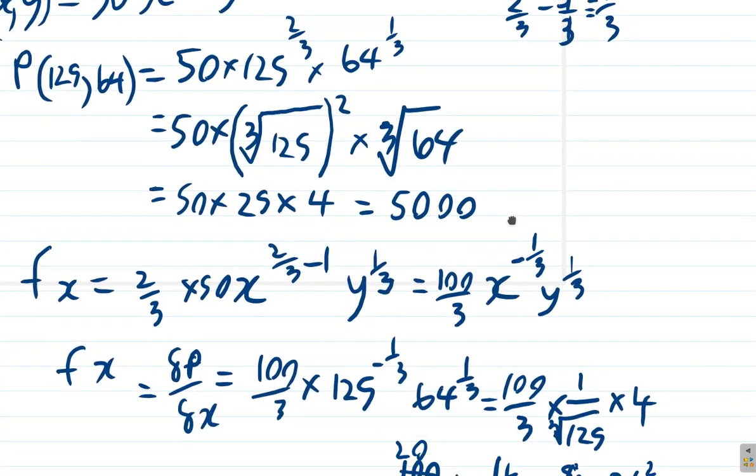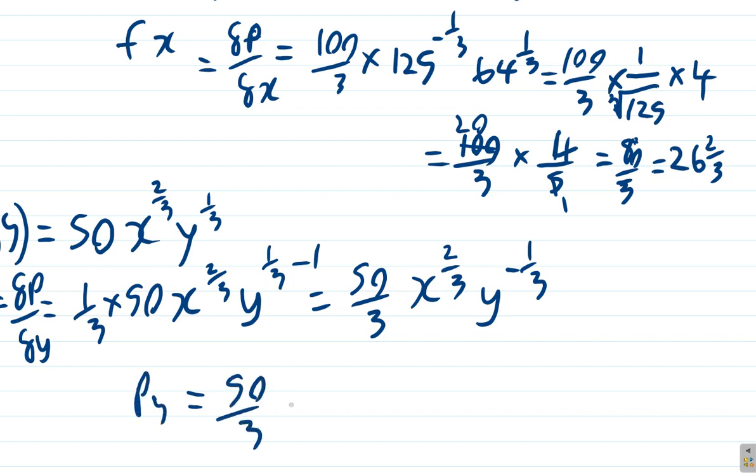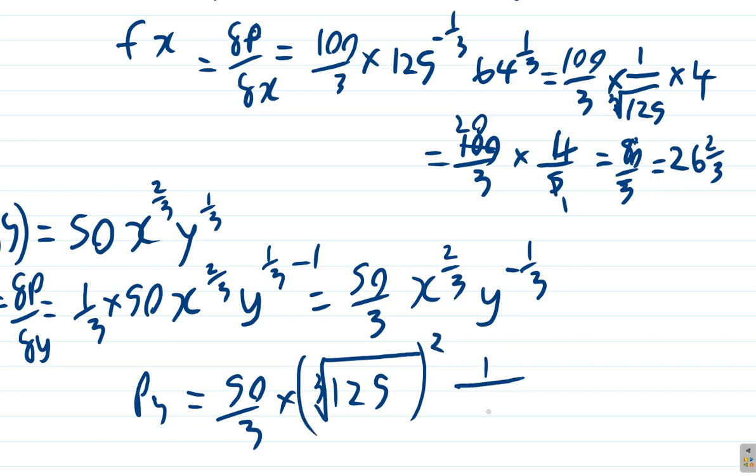So, here now, negative 1/3. At 125 and 64, P sub y would be 50 over 3 times the cube root of 125, and that's squared, times 1 over 64, the cube root of 64.